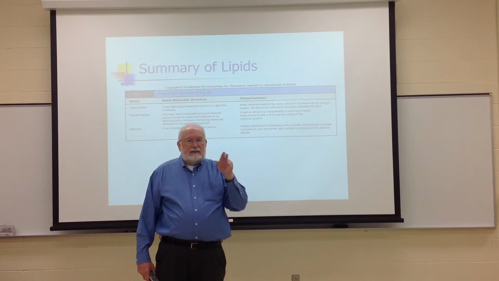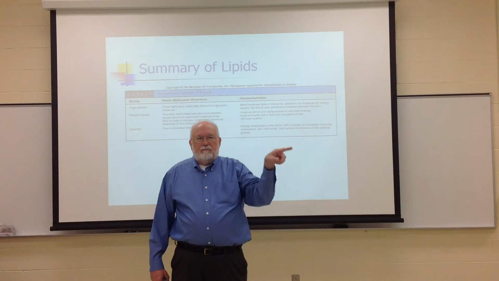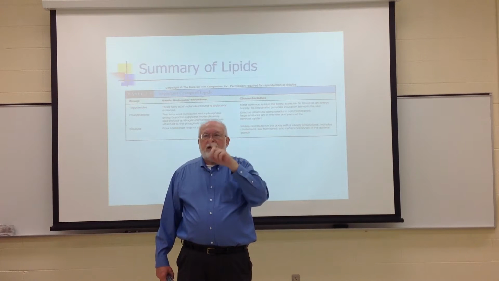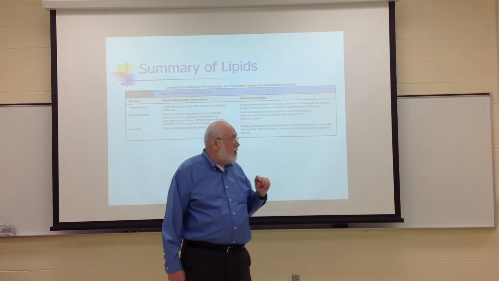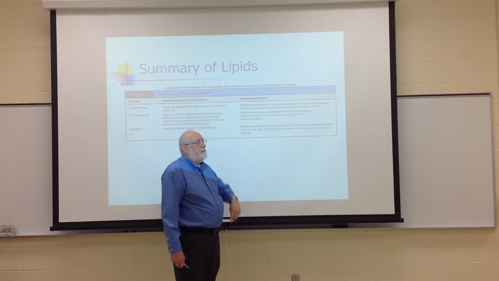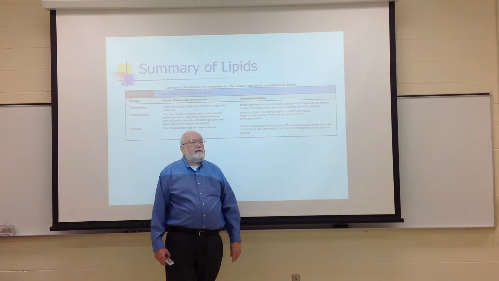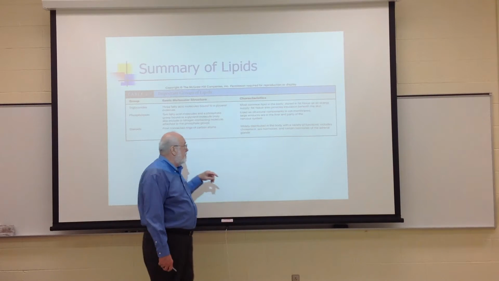What elements are in a triglyceride? Carbon, hydrogen, and oxygen. Are the hydrogens and oxygens in a 2-to-1 ratio here? No, they are not. Where do you find them? Well, this is the most common lipid in the body. This is what's largely stored in adipose tissue, which we'll chat about in the lab if we haven't already.